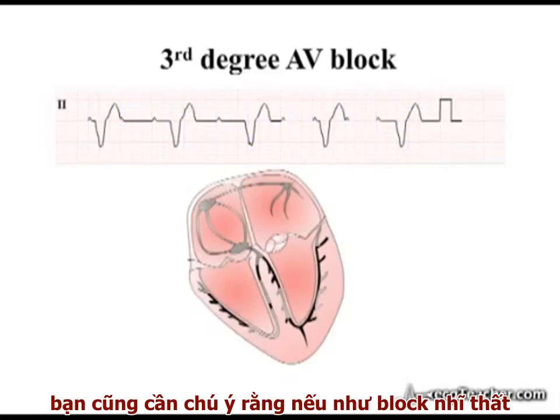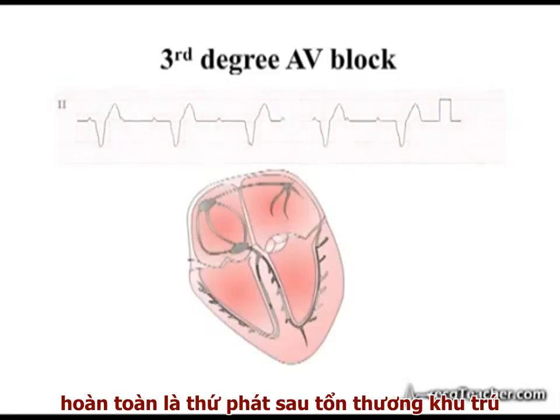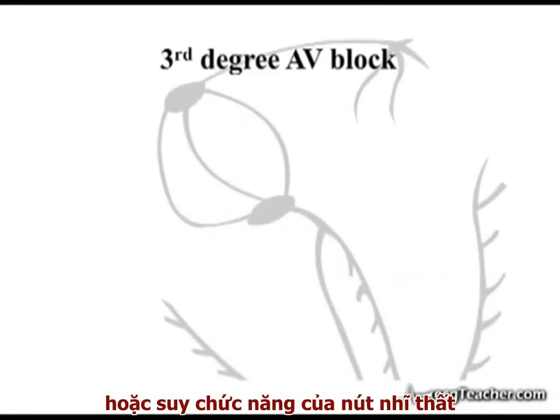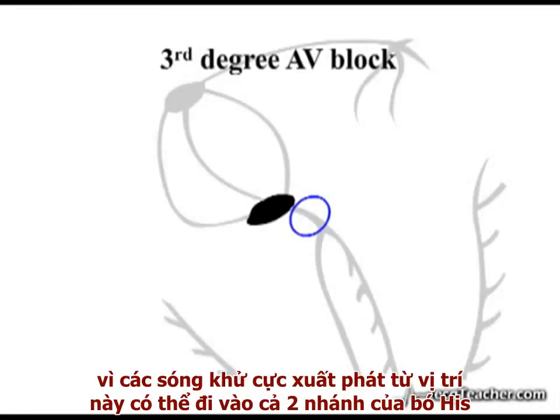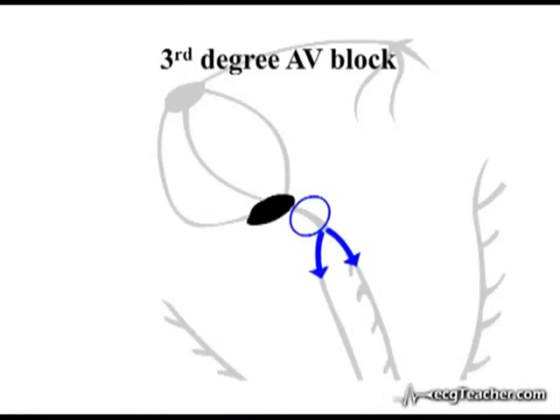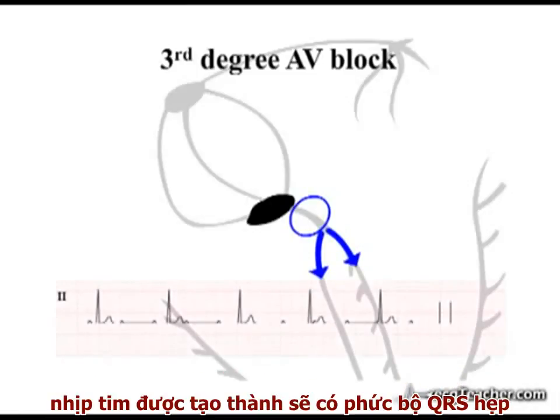You will also appreciate that if complete AV block arises secondary to localized damage or dysfunction of the AV node, an escape rhythm can arise from a focus within the bundle of His. As depolarization from this focus enters both branches of the bundle of His, the rhythm generated will be narrow complex.